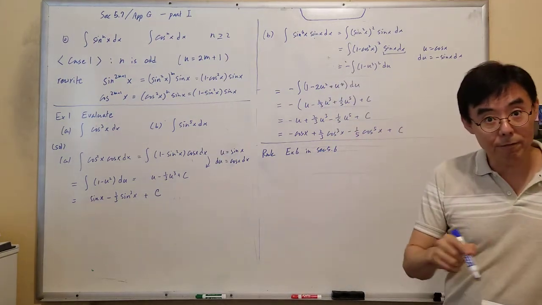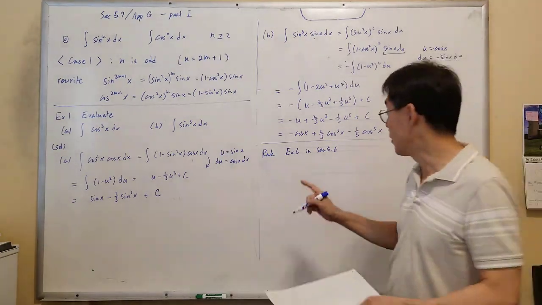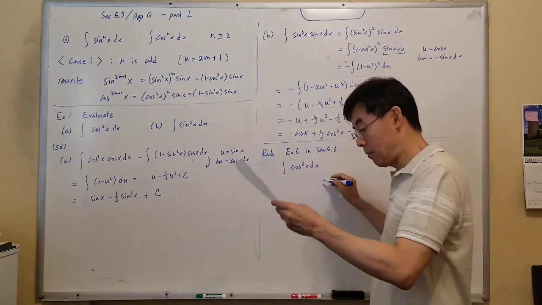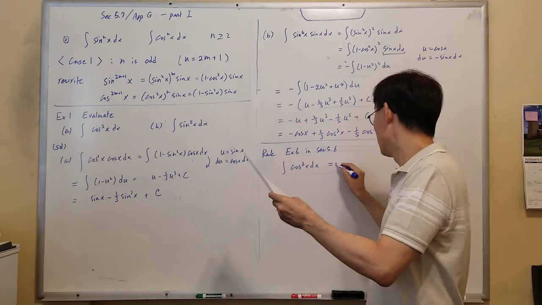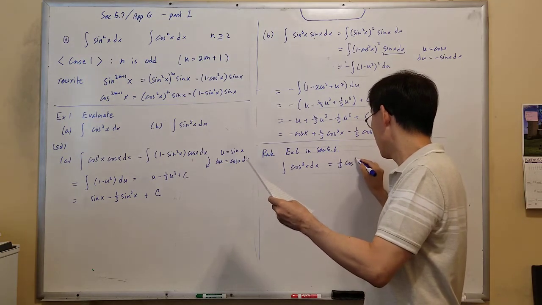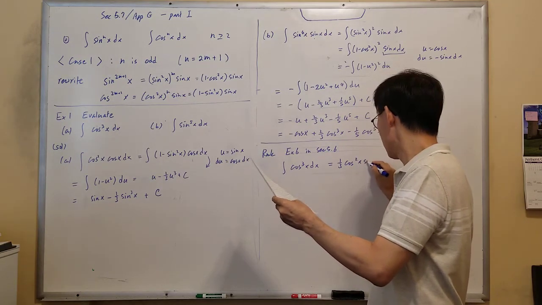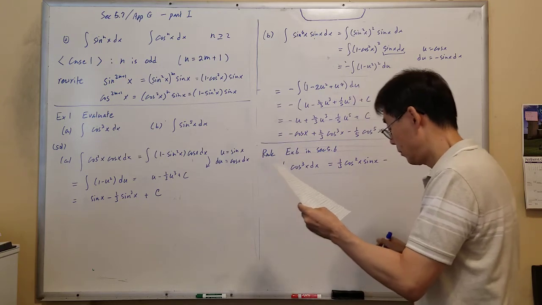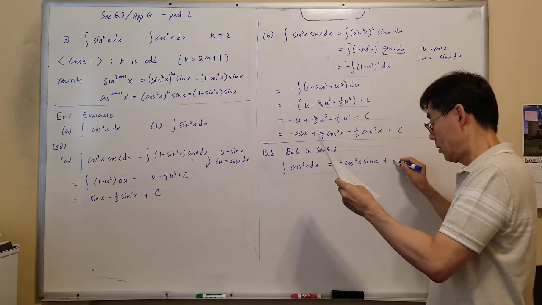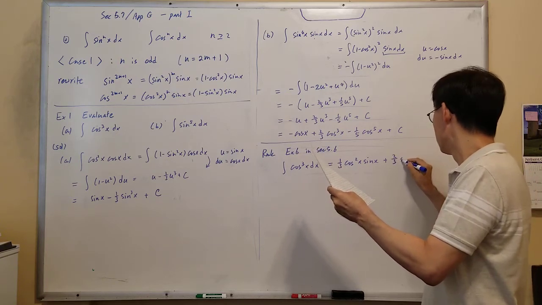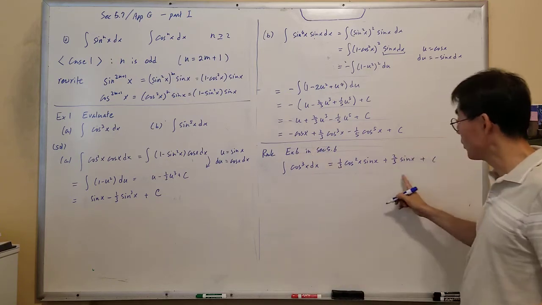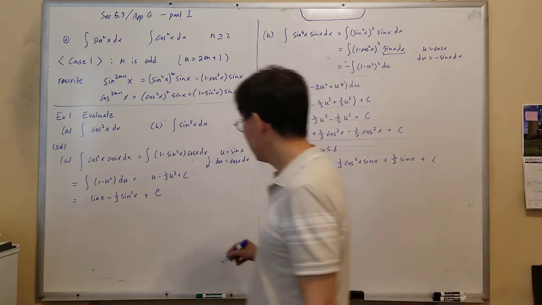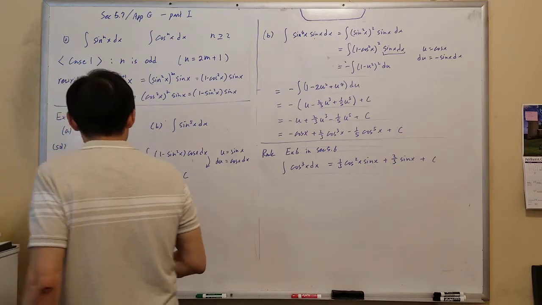From the recursive formula using integration by parts, we learned that the integral of cosine cubed x dx, from that result, we got 1/3 cosine square x sine of x plus 2/3 sine of x plus c. This is what we learned there. Okay? And this looks different.